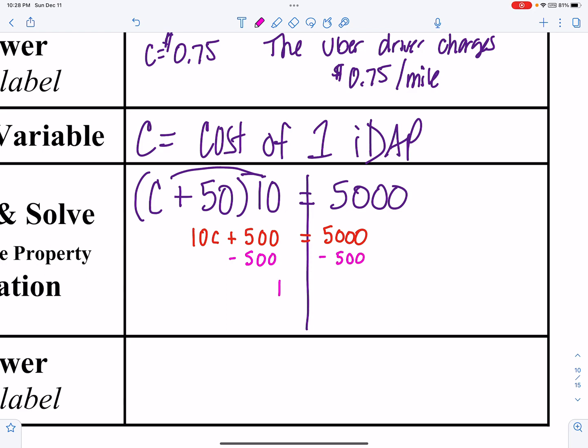And we end up with 10C equals $4,500. And then at this point, I can divide both sides by 10. And when we do that, we end up with C equals, and this is just moving the decimal place one spot, and we get $450.